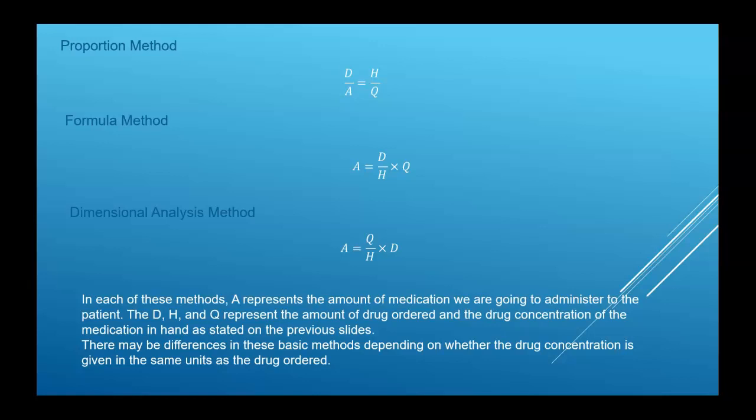So your quantity, your Q over H, is your ratio. Normally we look at it as H over Q, but remember in dimensional analysis, the top of your ratio depends on what unit you want to end up with.